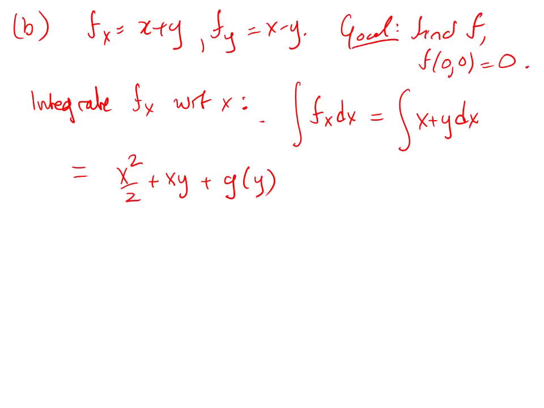Okay, so actually what I've concluded is that the function f must be equal to x squared over 2 plus xy plus some g of y. And the reason it's g of y and not a constant is that we only integrate with respect to x. And so since differentiating in x kills any function of y, we have to add this function g of y instead of just a constant. So now, how do we find out what g of y is?